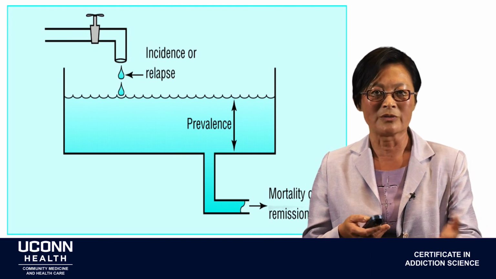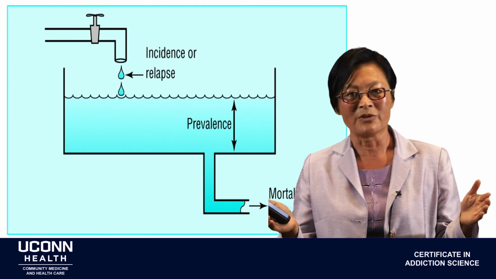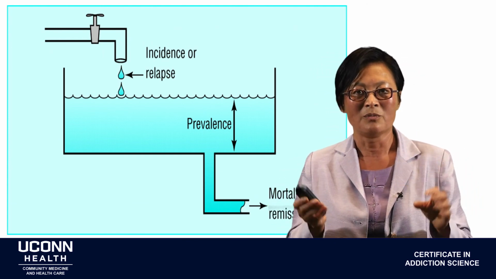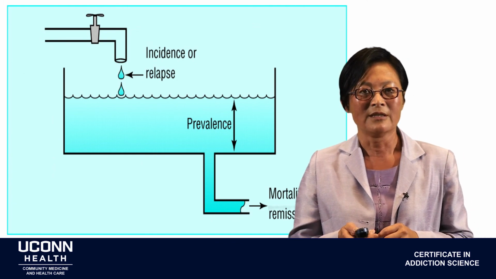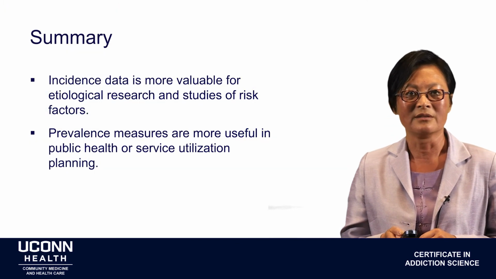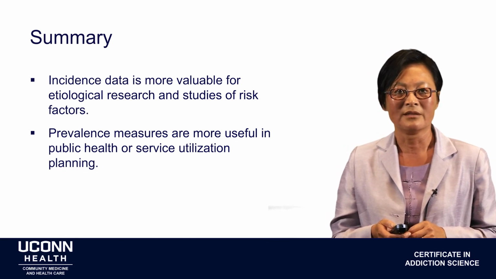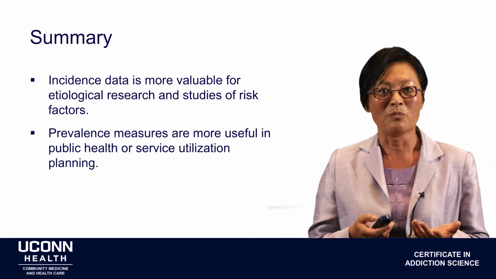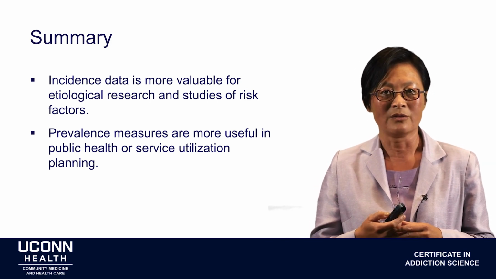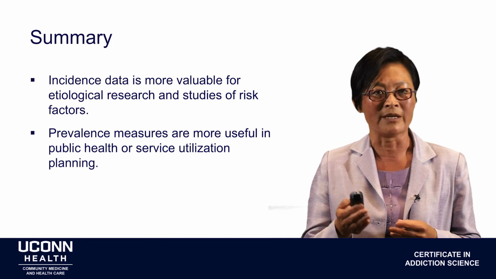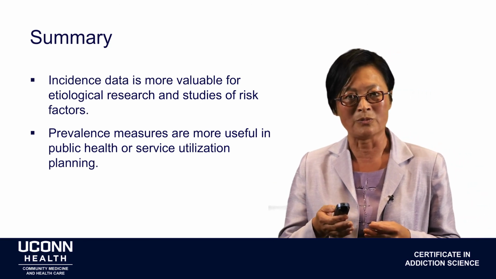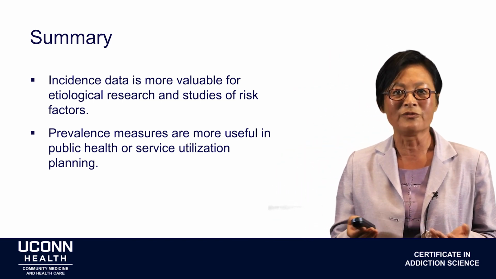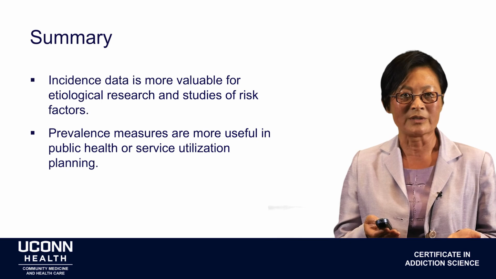New water drips into the big pool; the pool is the at-risk population, and the number of people who have the disease is the blue prevalence. What's the difference between prevalence and incidence? Incidence data is more valuable for etiology research because it's about new cases. You follow people up, and you should be able to identify risk factors. Prevalence is more useful for public health and services utilization planning.